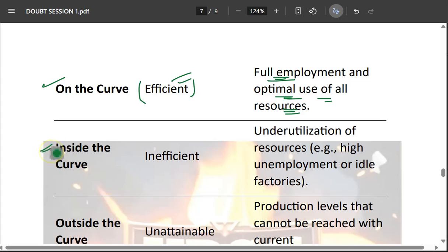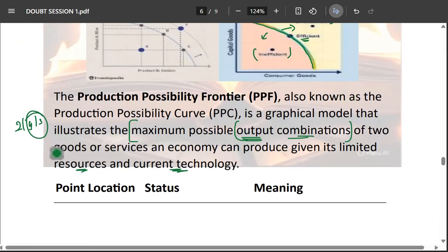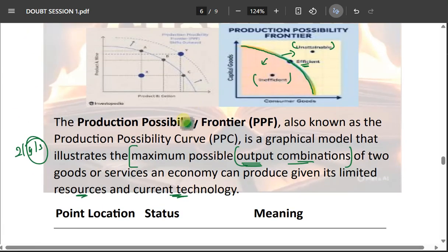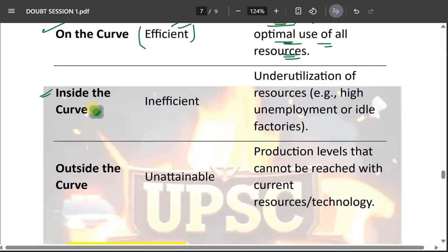If it's inside the curve, it is inefficient. So there is underutilization. See, you have done MBA, PhD, and all, but you are working as a driver.